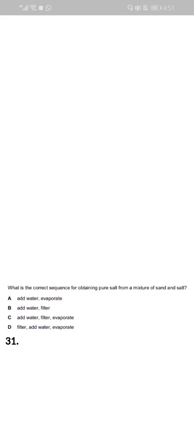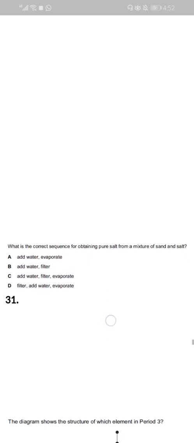So add water, filter and evaporate. Yes, C is the right answer. When you add water, all the salt dissolves, and then you filter. By filtration, the sand particles remain as a residue, and then evaporation to dryness takes place in order to collect the salt.